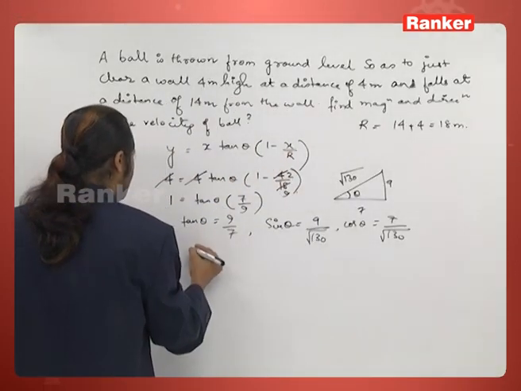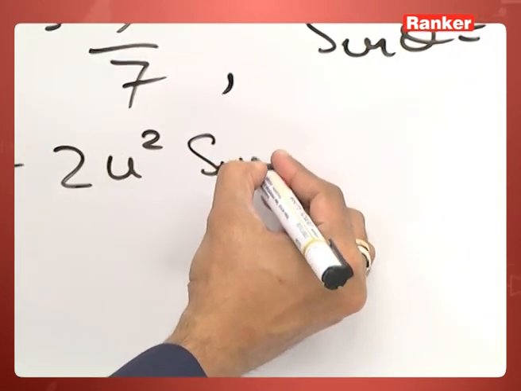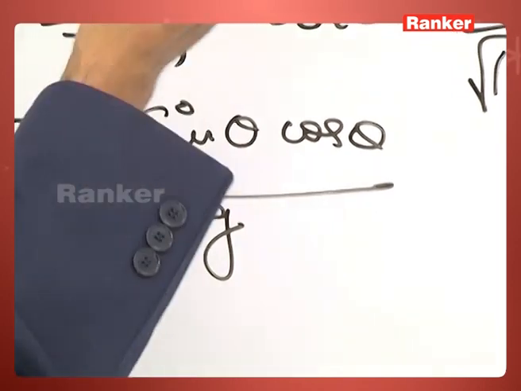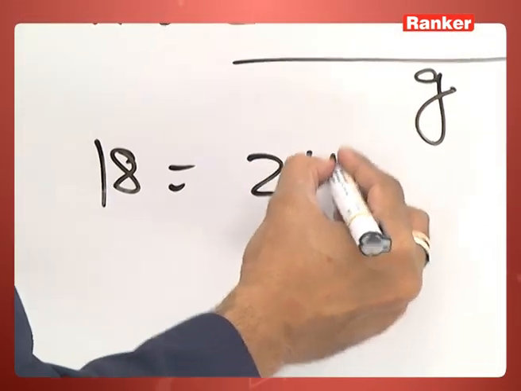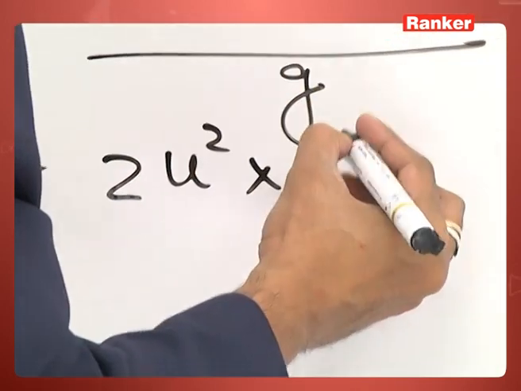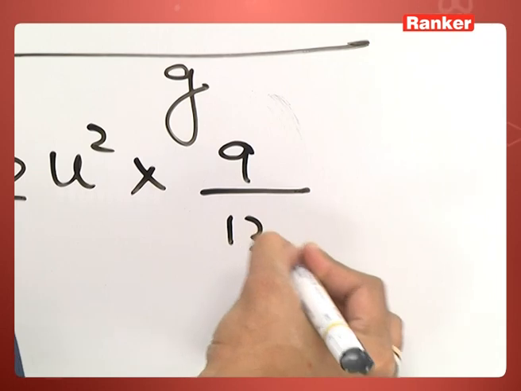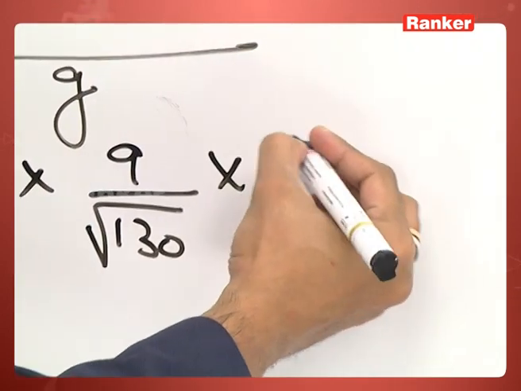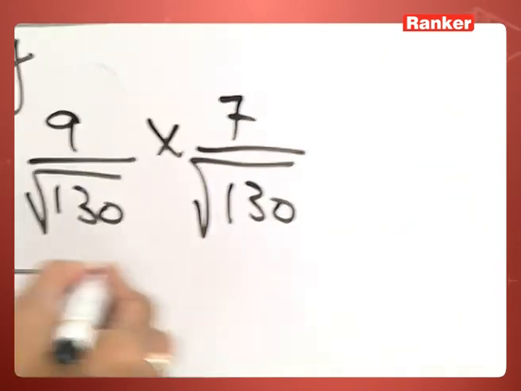So I'll use range, u square sin theta cos theta by g. Range is 18, is 2 into u square. Sin theta becomes 9 by root 130, and cos theta becomes 7 by root 130, divided by 10.